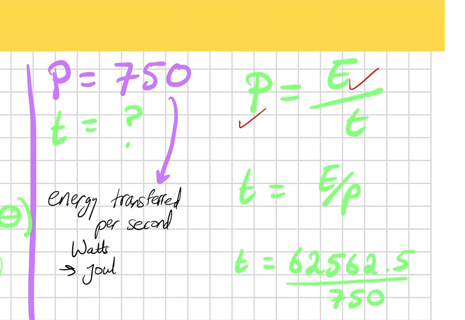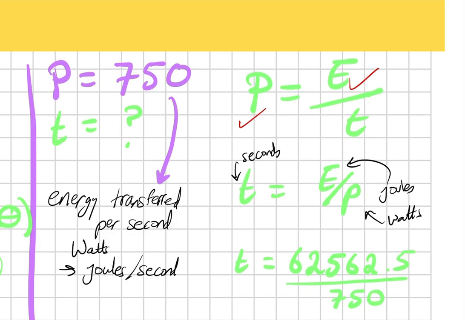They mean the amount of joules per second. So if I have got joules in here, and I've got watts in here, that means this must be seconds. So this is 83.42 seconds.